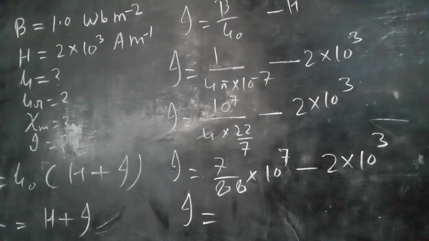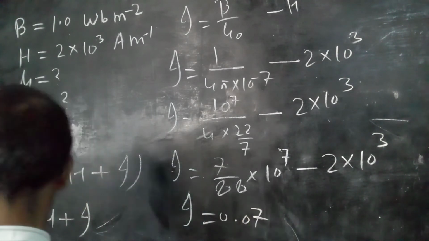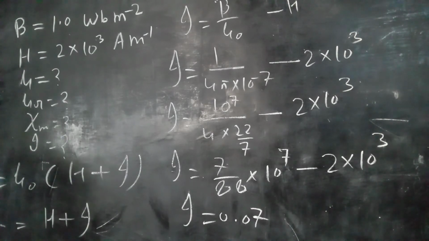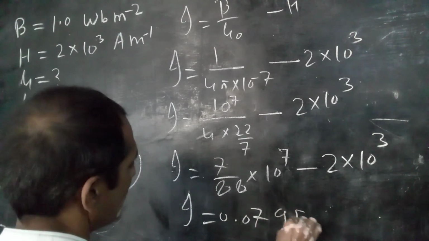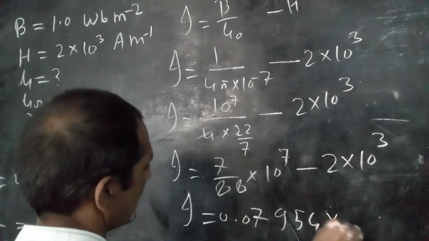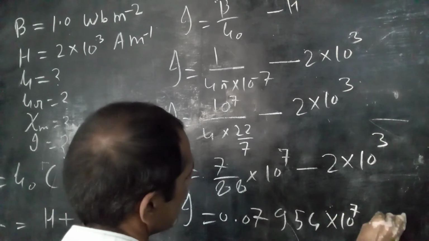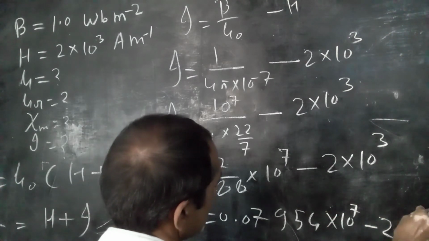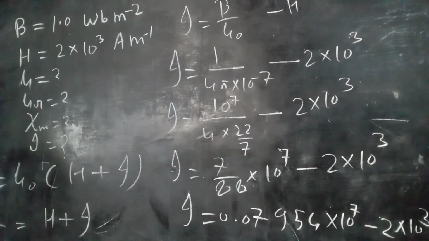Divide 7 by 88: you get 0.07954 × 10^7 minus 2 × 10^3.